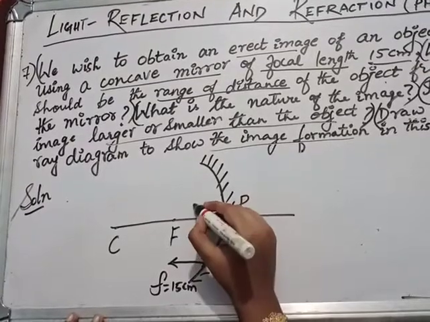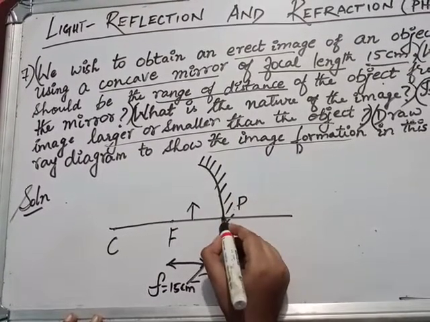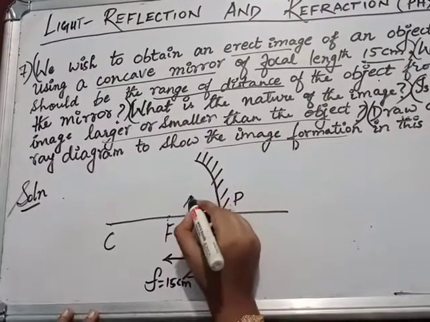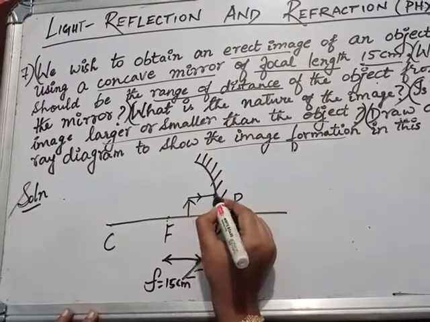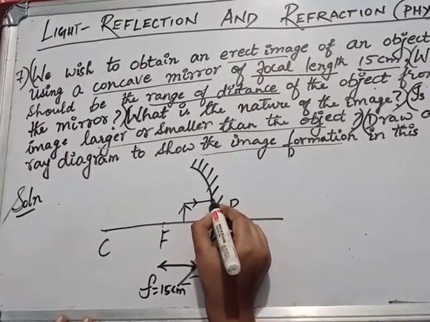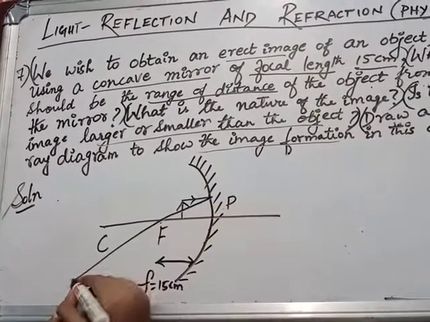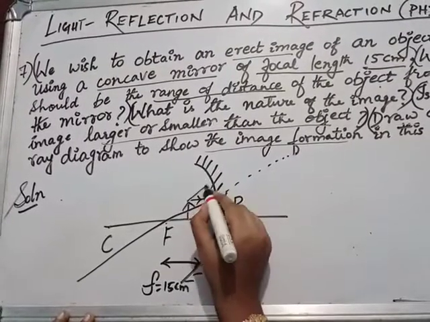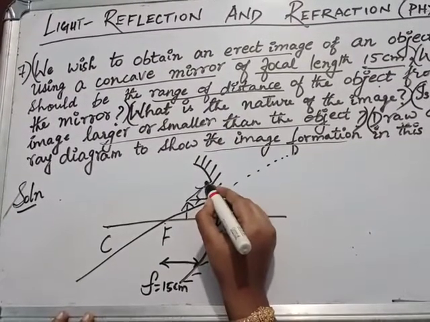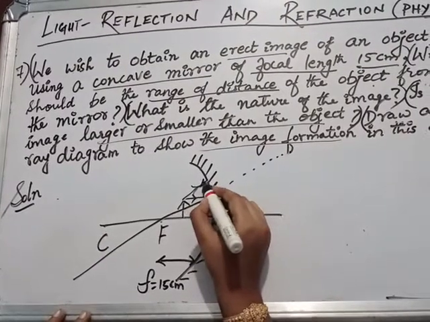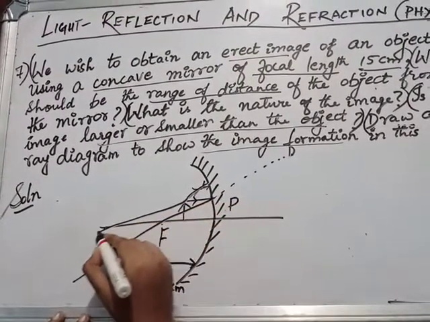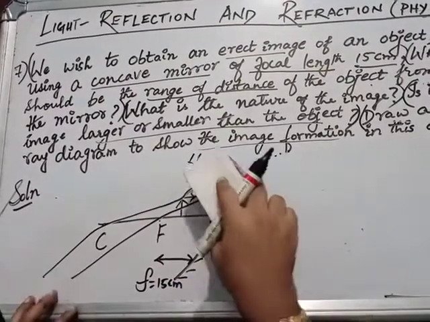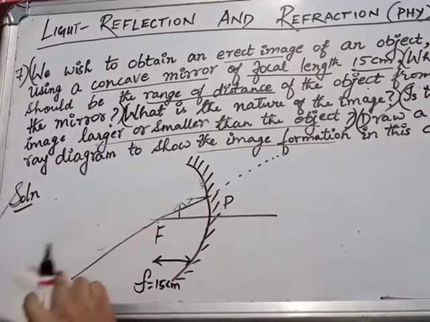And our object is somewhere over here between 0 and 15 centimeter. This is our object. First ray, incident ray, after reflection passes through the focus. This is our next incident ray, and after reflection passes back through the center of curvature. Too many crooked lines because I don't have a scale over here.